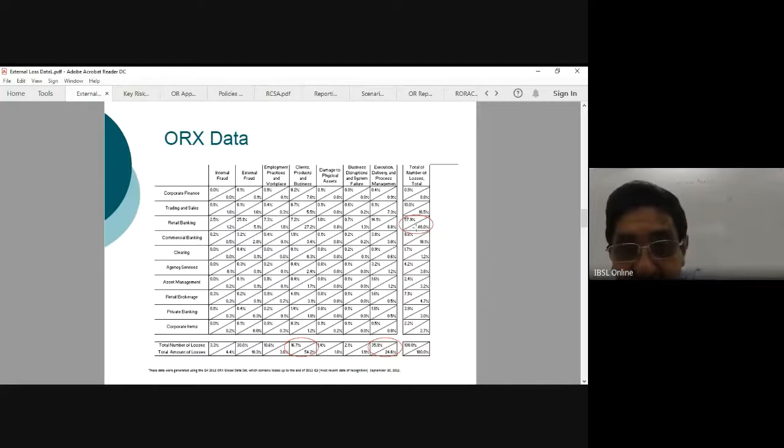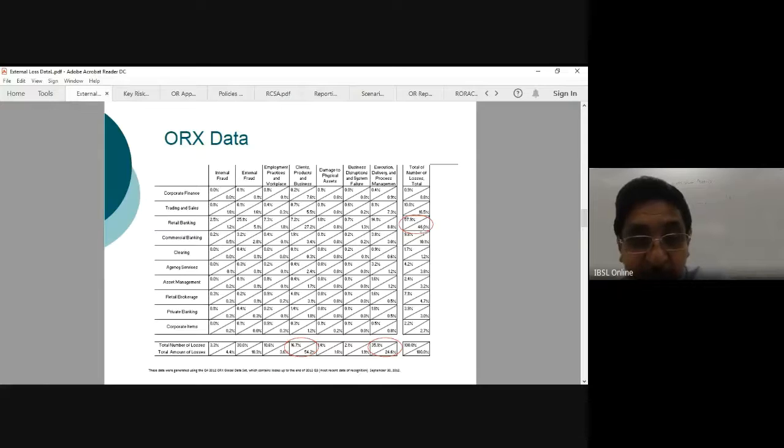The real meaning is, in the total loss base, you have 57.9% in number and 46% in value for retail banking.